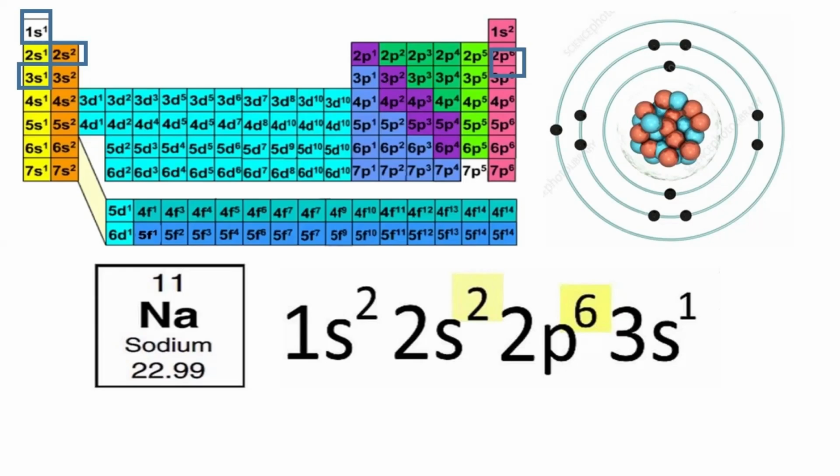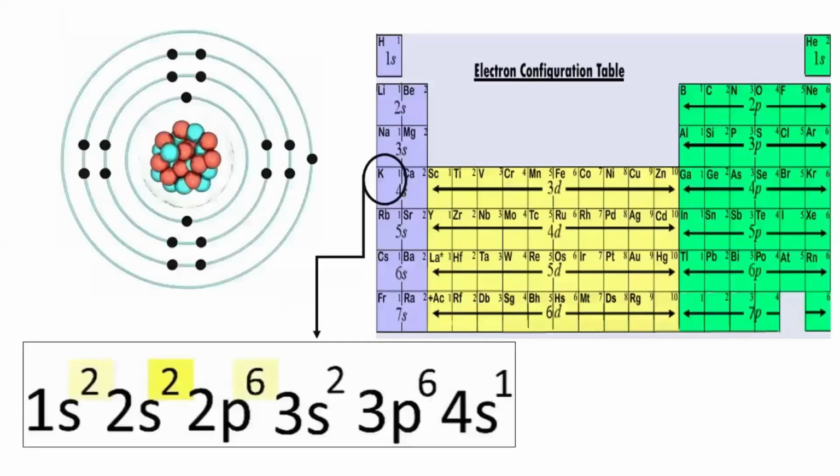And now we'll discuss the electronic configuration of potassium. Potassium has 19 electrons. Now we decide how many main energy levels this potassium atom should have.